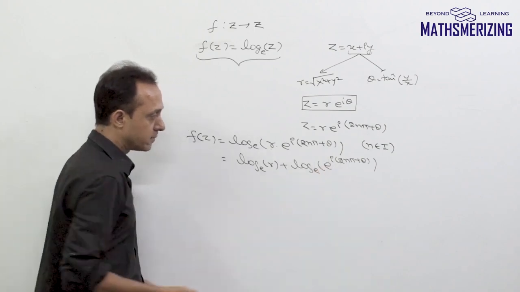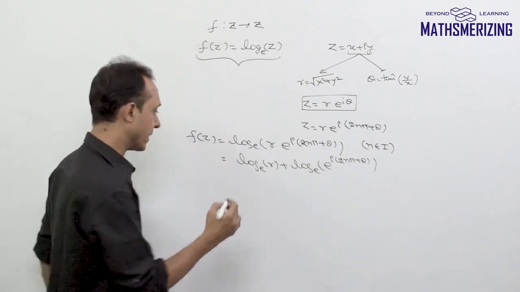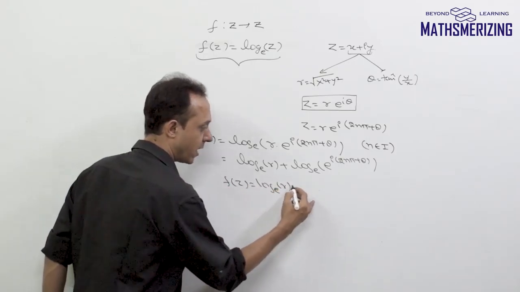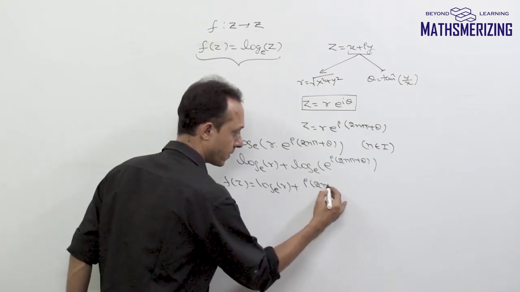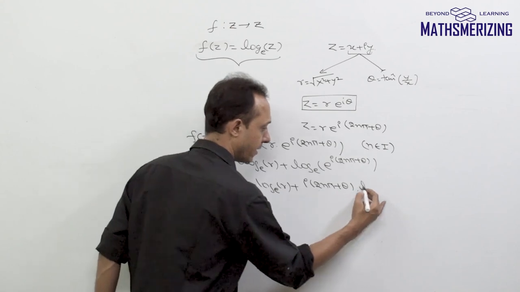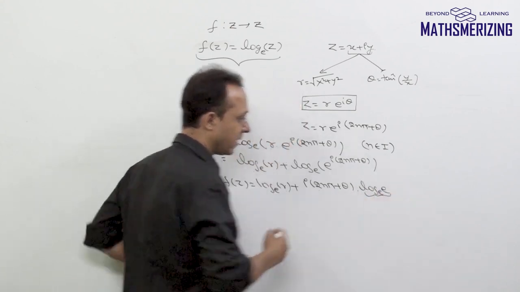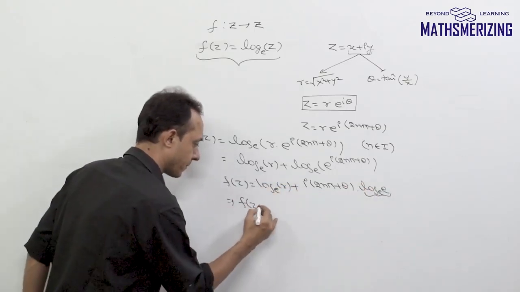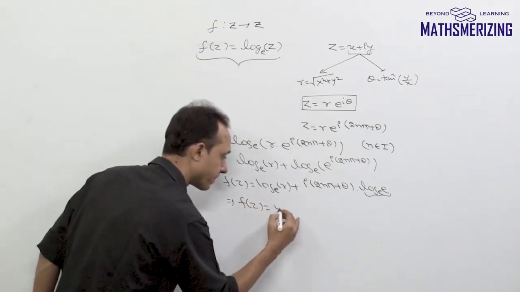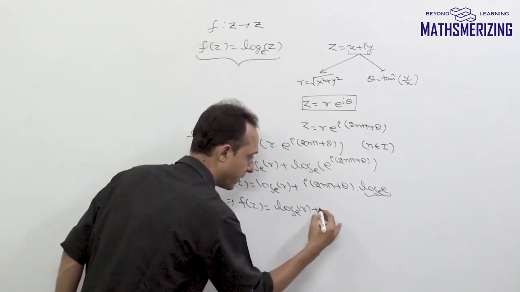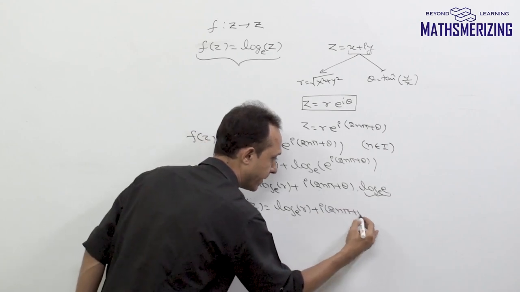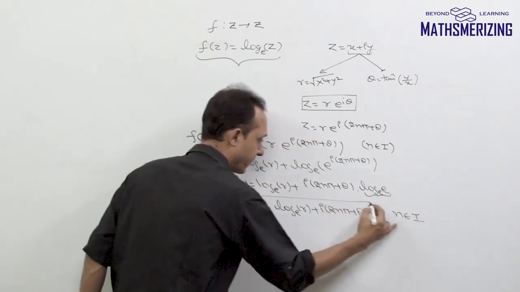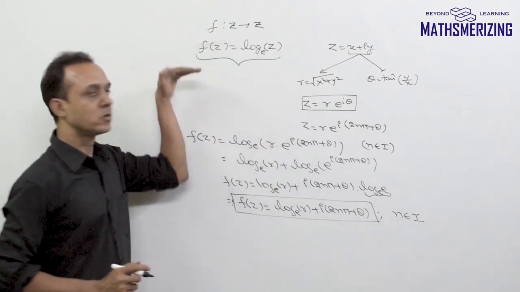Now another property of logarithms, so this power will come out, so I can write it as log r to the base e and then iota 2n pi plus theta and then into log e base e. Now same base, same number, logarithm is 1. So I can say the value of log z simply will be log r and then iota 2n pi plus theta, where n belongs to set of integers. So this is how we can find logarithms for complex numbers.